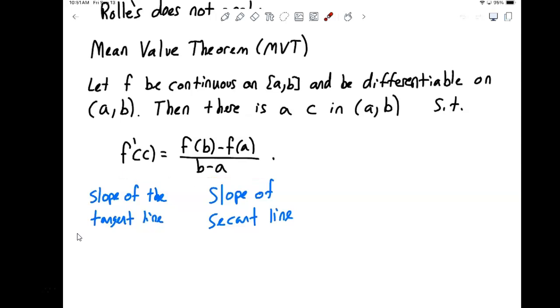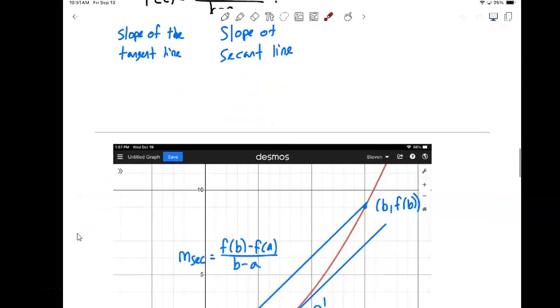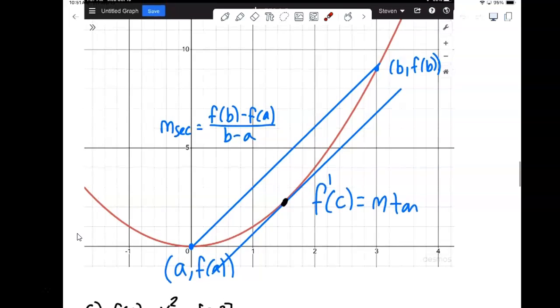And so it's basically saying there's a time when the slope of the tangent line has to be the same as the slope of the secant line.